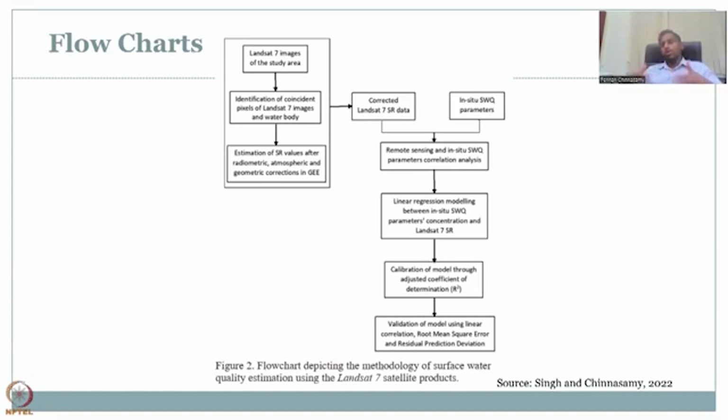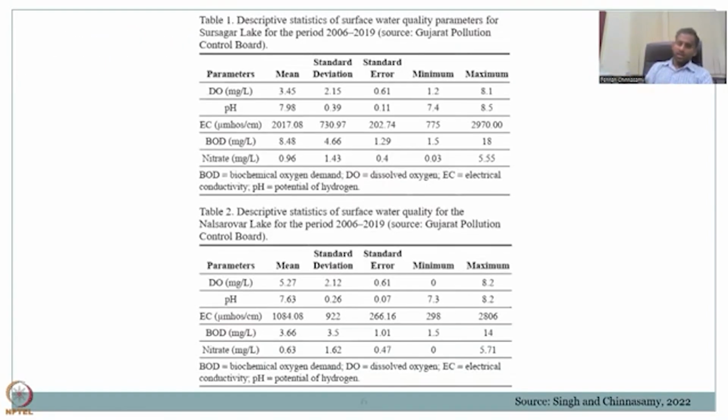These processes at the bottom are the processes for evaluating the model. So the model is basically kind of a linear regression model, a regression correlation model between the bands and the water quality. So what you could see is these are the first descriptive statistics of the surface water quality from the period 2006 to 2019.